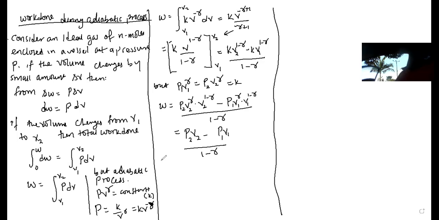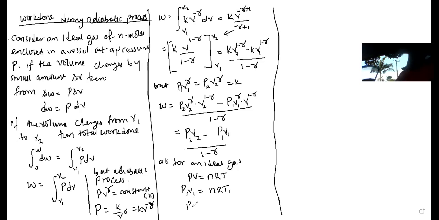Also, for an ideal gas, PV is equal to a constant, which is nRT. We are assuming temperature is constant. So it means P1 V1 is equal to nR at temperature T1.